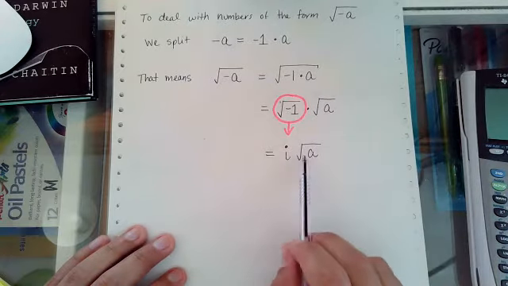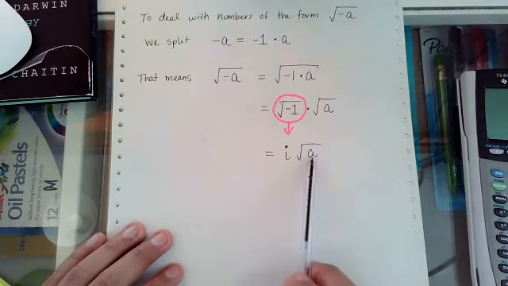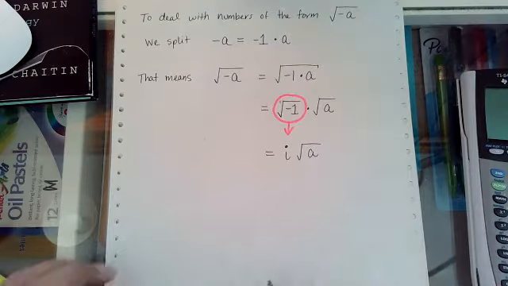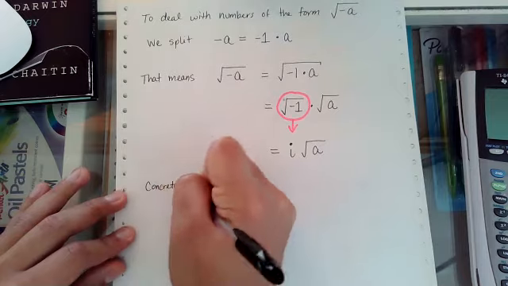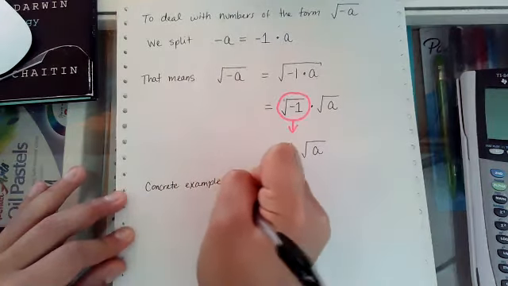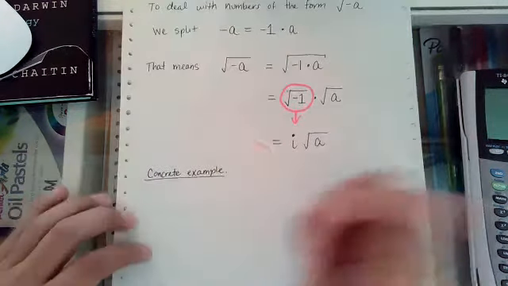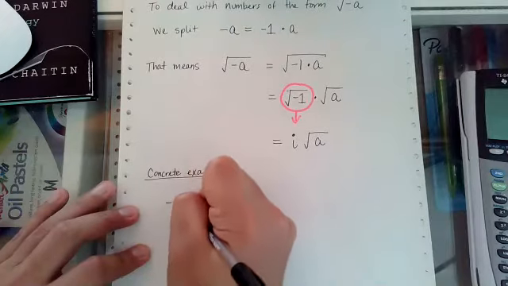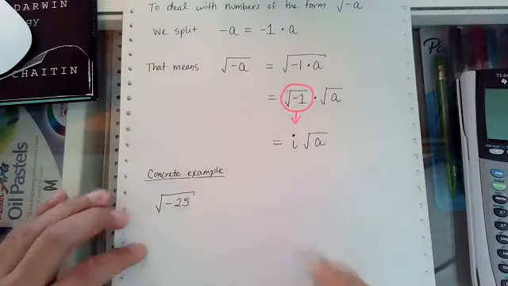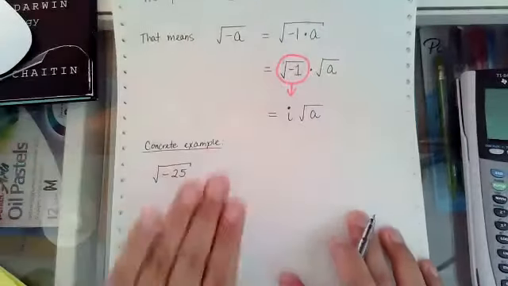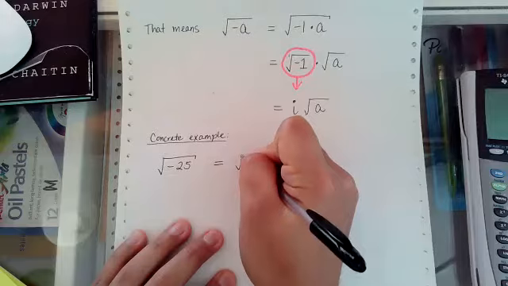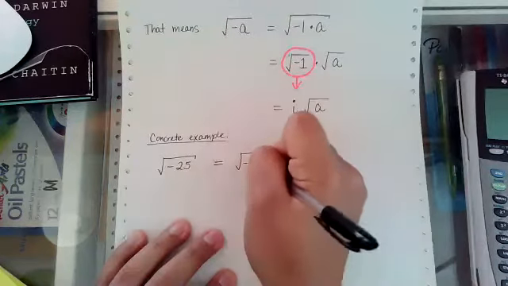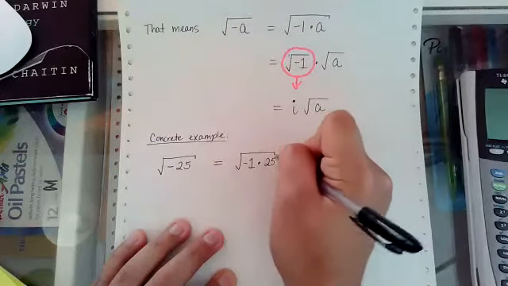And that's as far as we can simplify it, right? If I knew what the value of a was, then maybe I could simplify the radical the way we've been doing last class. So as a concrete example, to finally put this to bed, the square root of -25 will be handled the exact same way using this formula. We could say that this is the square root of -1 times 25.